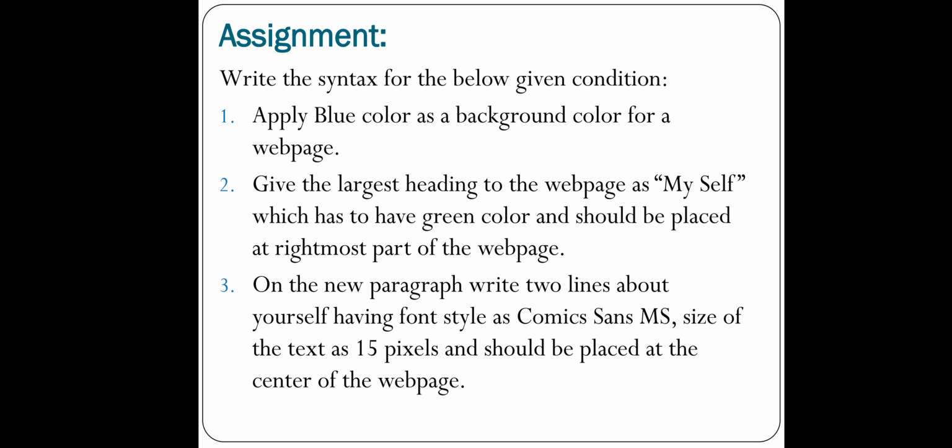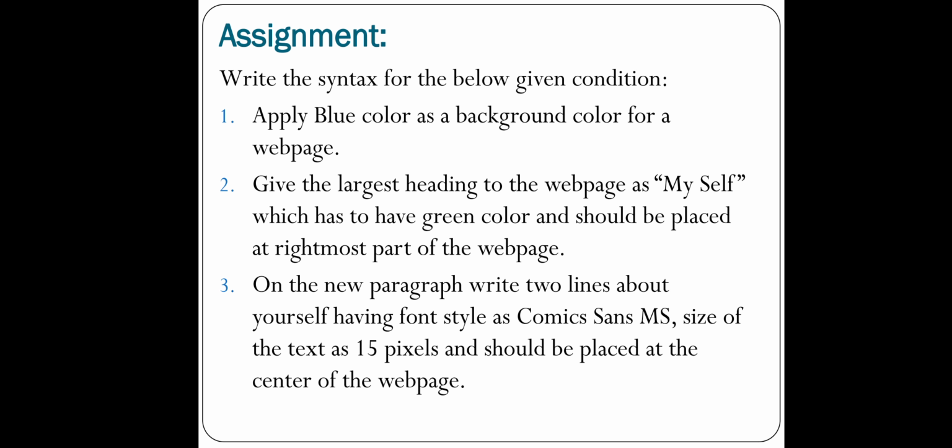Previously the first question was related to the body, the second is for the H1 element. Now what styling has to be given? It is mentioned after that, which has to have green color. Means the text color should be green and should be placed at the rightmost part of the web page.